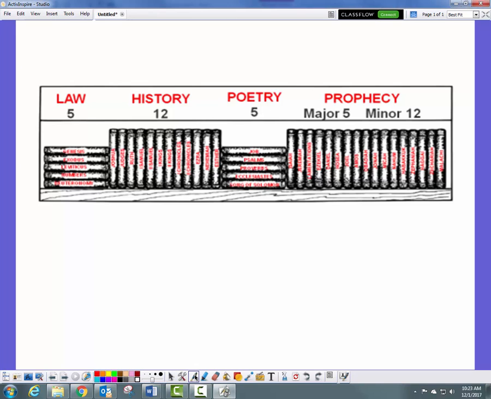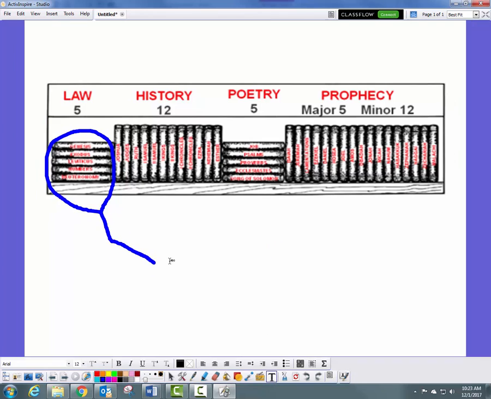And what is unique to understand the way Search for Truth is laid out, lessons 1 through 6 all come from these 5 books of the law. One thing that we have to understand is that the Old Testament covers about 3,600 years.